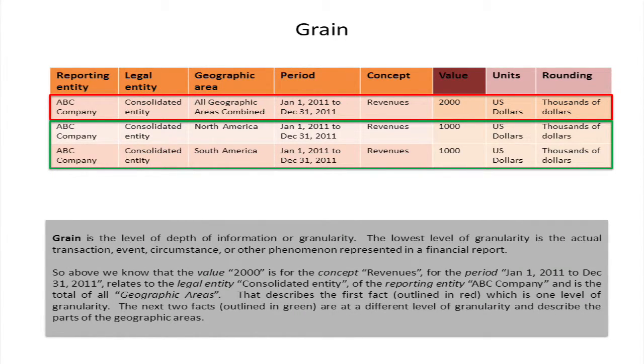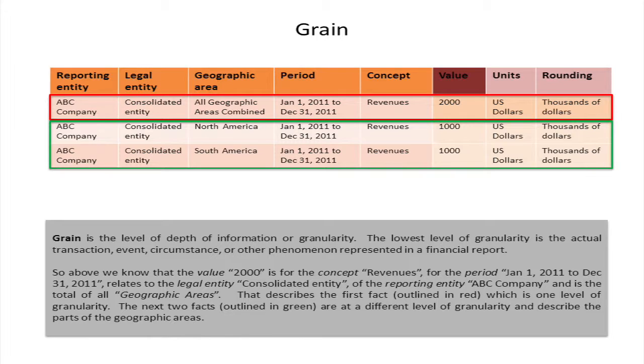So grain is the level or depth of information, or granularity of the information. The lowest level of granularity is the actual transaction, event, or circumstance, or other phenomena in a financial report. But you can have information that is summarized. So here you see information for North America and for South America.